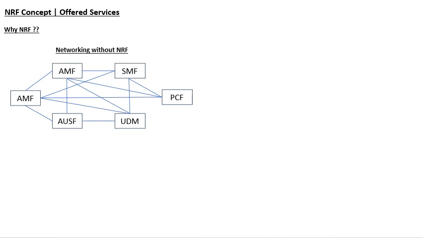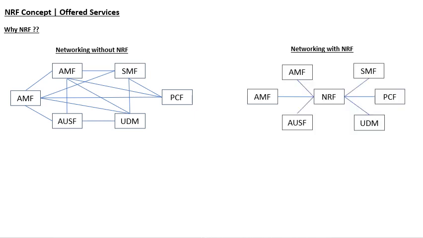So it's a very complicated configuration and manual provisioning: every time there is a change in topology, you have to go and manually fine tune it, because you have to maintain the updated topology in the local database every time. But with NRF, it becomes simplified, because NRF is a central database, a central function, which maintains the network topology dynamically.